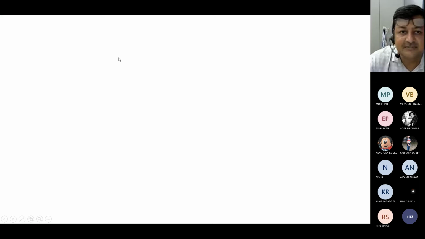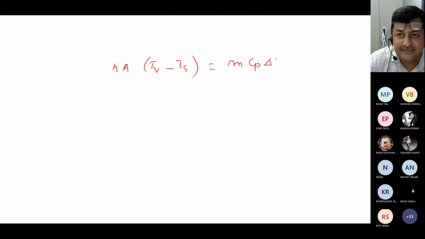Your convective heat transfer, whatever is happening, say h into A into T vapor minus T sat, right? So this is equal to what? You go for m into Cp into delta T divided by delta tau, right? This is the heat capacity term and this is the convective heat transfer.